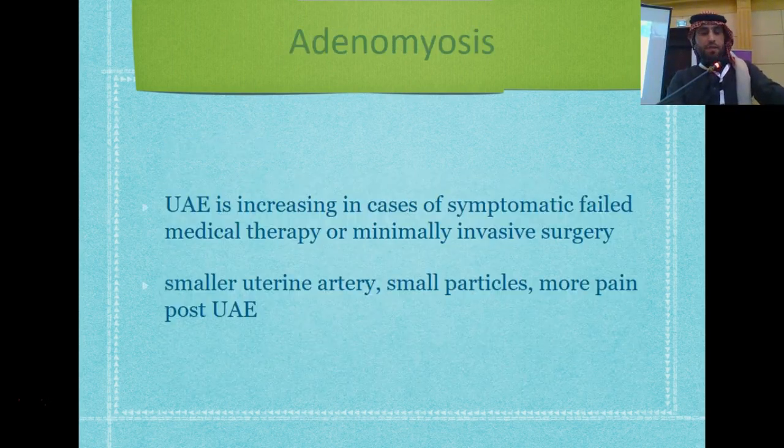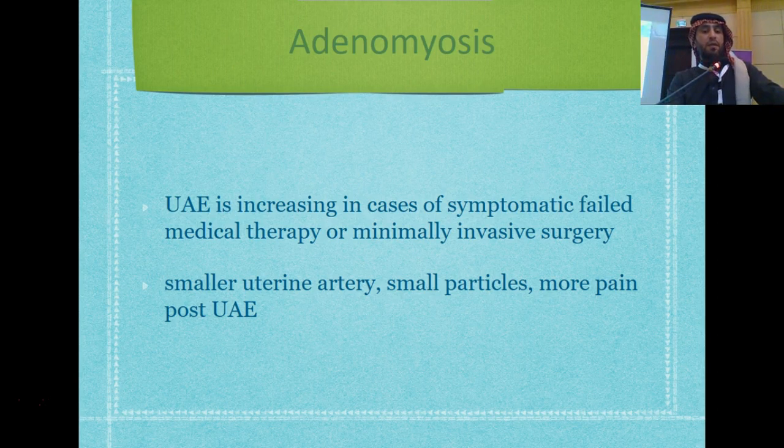The last subject in this session is adenomyosis. As you all know, uterine artery embolization has been increasing in the last few years in treating symptomatic patients, especially the group that failed medical therapy or failed minimally invasive surgery.